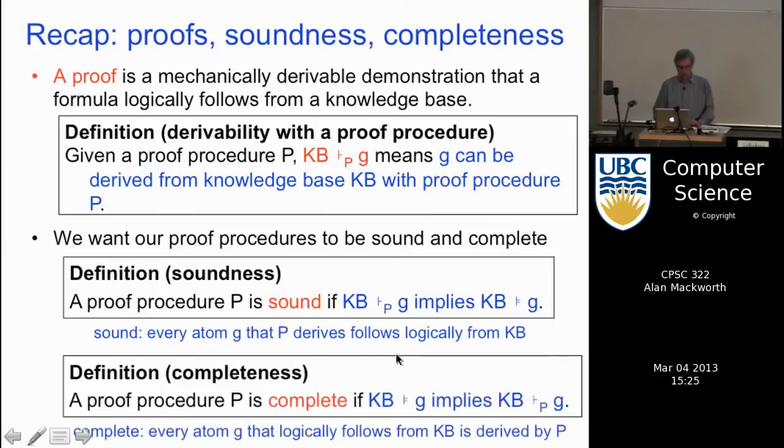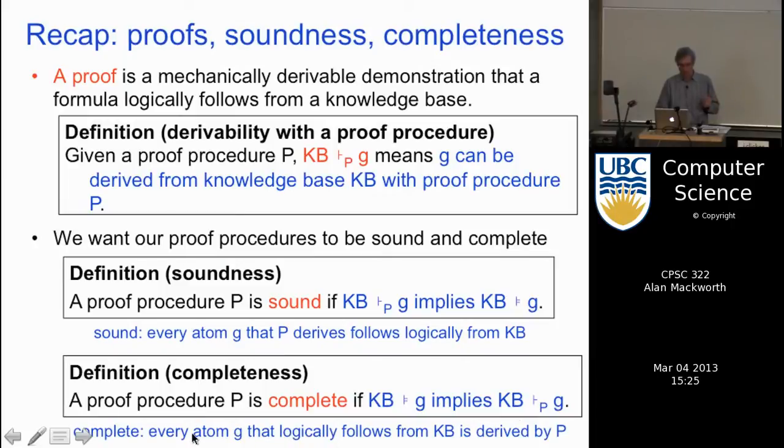And of course, we want to go the other way. We don't want to miss any theorems. This says everything you can prove is a theorem, but this says every theorem is provable. So we want completeness, which goes the other way. If G logically follows from the knowledge base, that implies that G is derivable by P from the knowledge base.